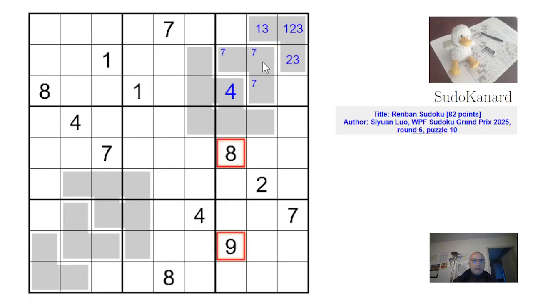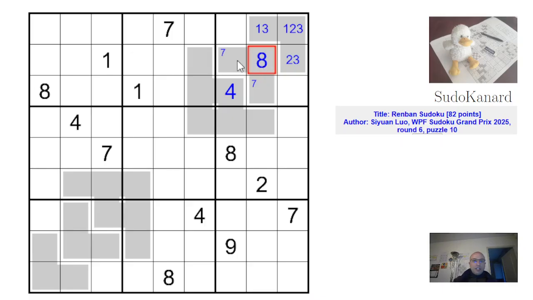So 8 and 9 could very well be here with the 7, with 5 and 6 here, or 5 and 6 cannot be both here, because if they were, we would have to place 8 and 9 in those. Oh well, actually, seeing those, we can see that just by the rules of Sudoku, 8 is in here.